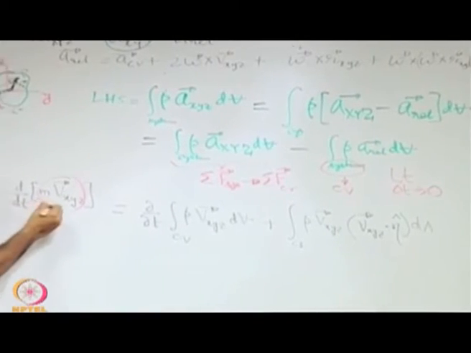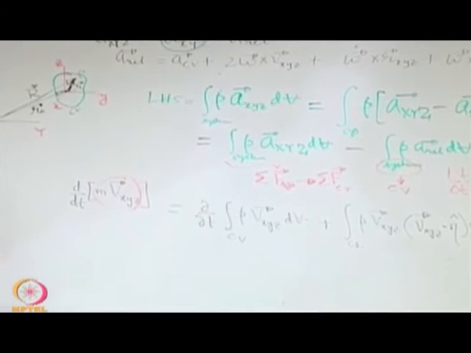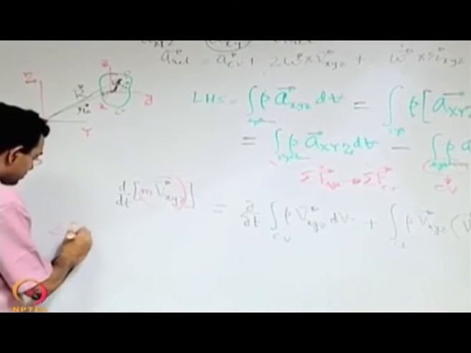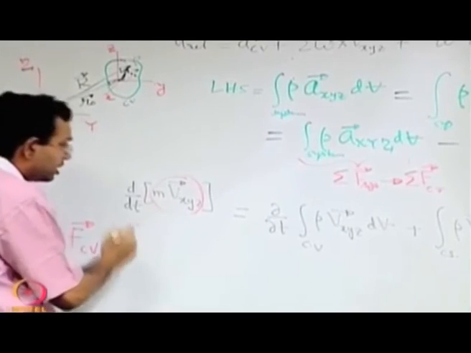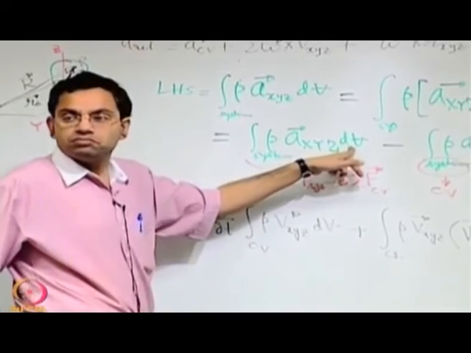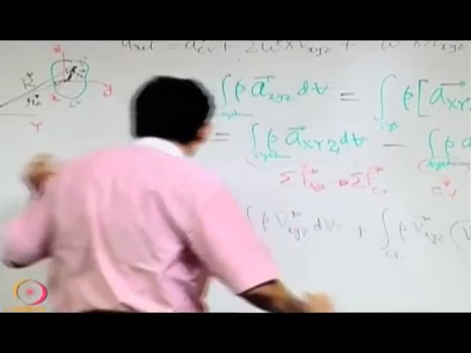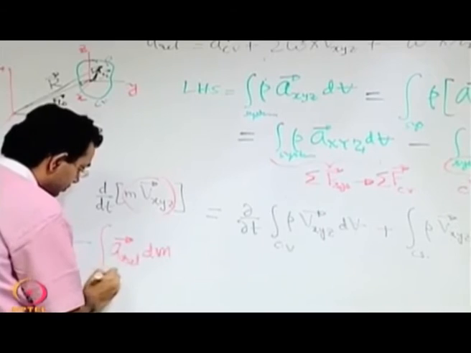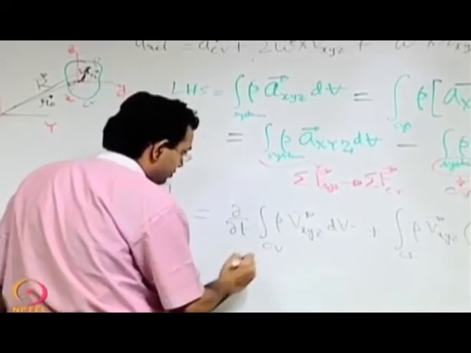The left hand side becomes the resultant force acting on the control volume, minus, let us say, the integral of rho dV, which you can say as dm, the elemental mass. So, that is just like here also. So, it is like the integral of A relative dm, is equal to the right hand side, whatever is there.